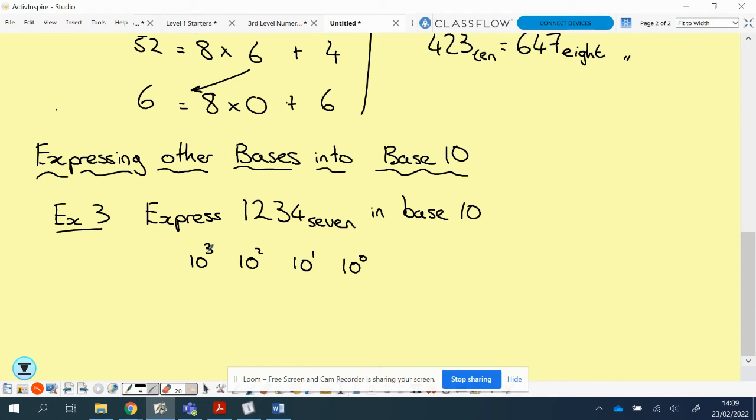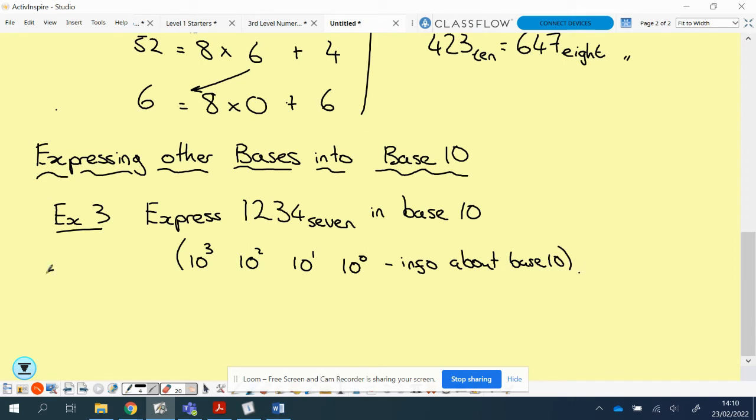Okay, so we're going to use that information, but when it's in other bases, it looks similar. For example, in the first one here, the first digit, the 4, would be the units version of base 7. So it'd be 7 to the power 0 in there. Then it'd be 7 to the power 1, the next column would be 7 squared and 7 cubed, that sort of thing. Okay, so that's just a bit of info about base 10.